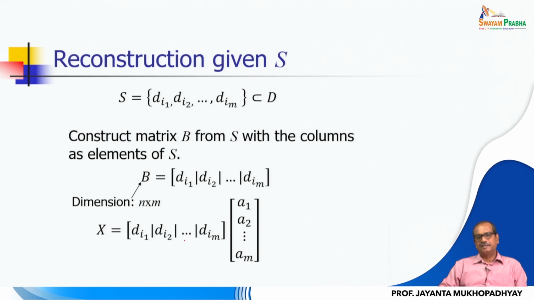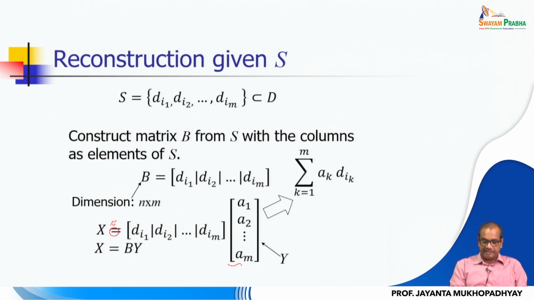You note that exact representation may not be possible, but we try to make this representation as close as possible. So this is basically an approximate representation. And the solution here, as I mentioned, uses the technique of pseudo inverse. So this coefficient set here I am denoting by y, and x equals By.